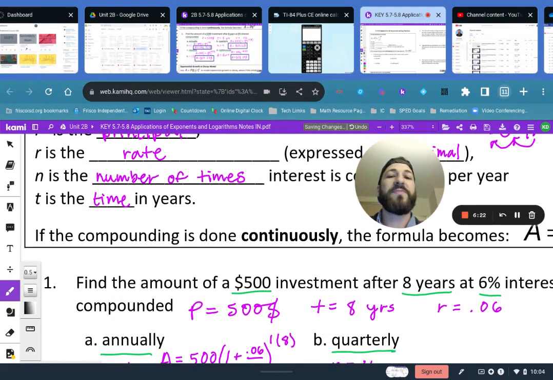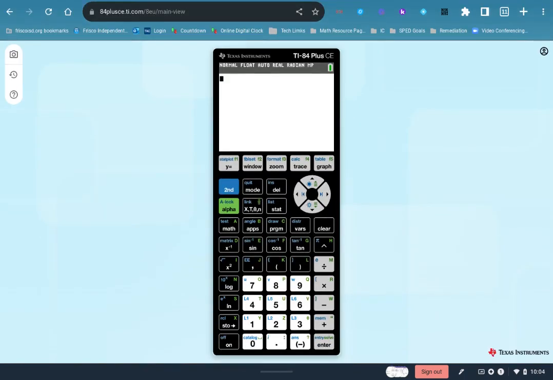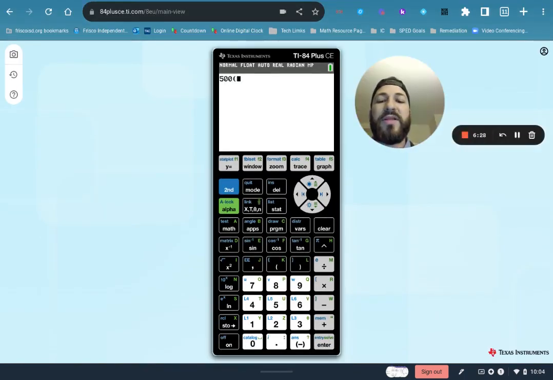So I'm going to switch over to my TI-84. And we have 500 parentheses 1 plus, and I'm going to do my fancy parentheses, so alpha y equals, hit that first option, n over d, enter. And then it was 0.06 for rate divided by n, so 1.